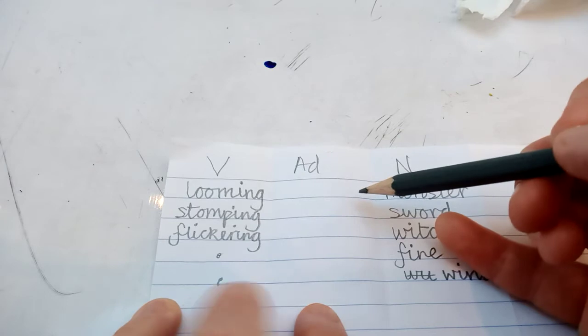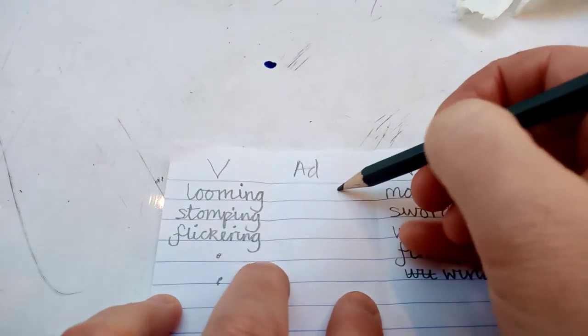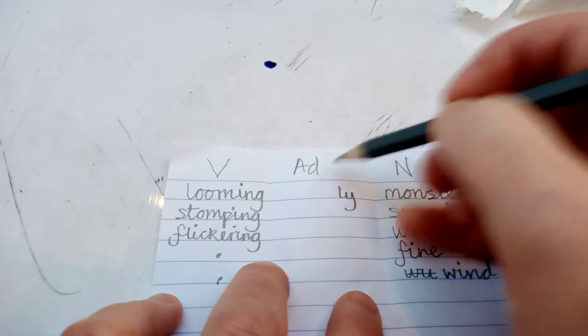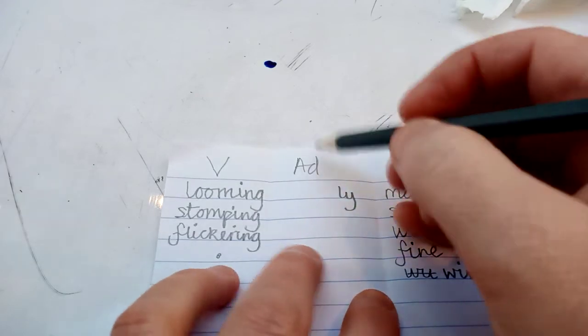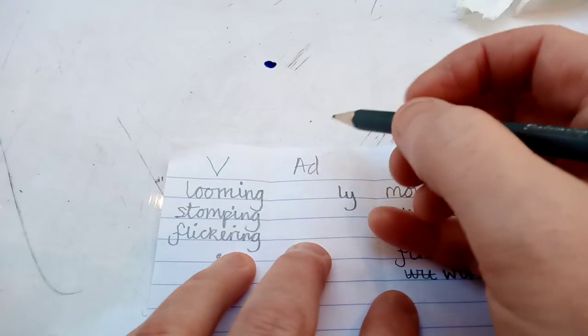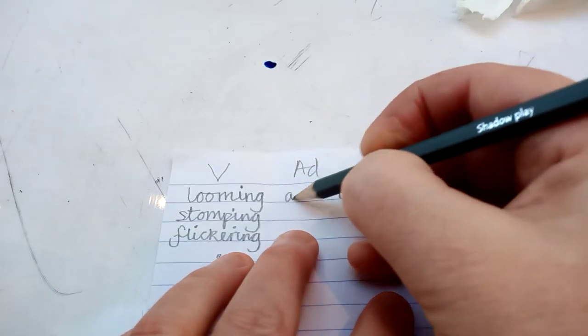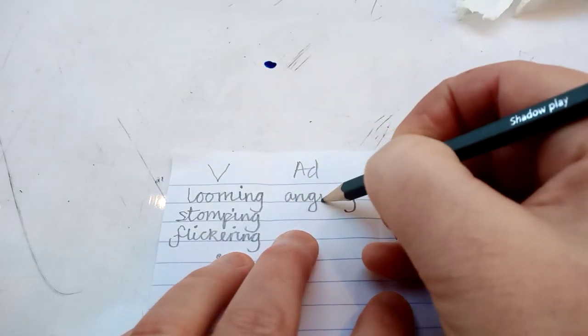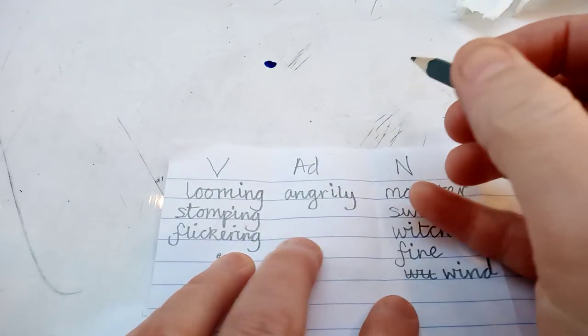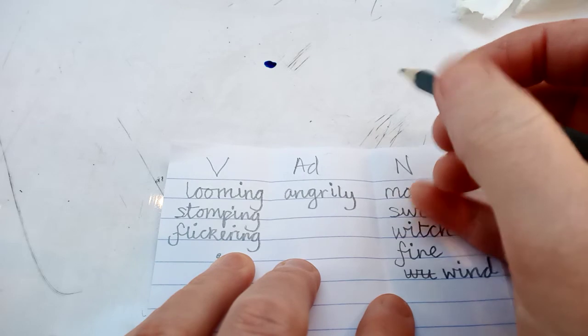Okay? And then finally, your adverbs. These have got to end in ly. So whatever happens, I need an ly. So things to do with witchy monster stories. We could say angrily. Angry, and the y becomes an I. Angrily. We could say greedily.